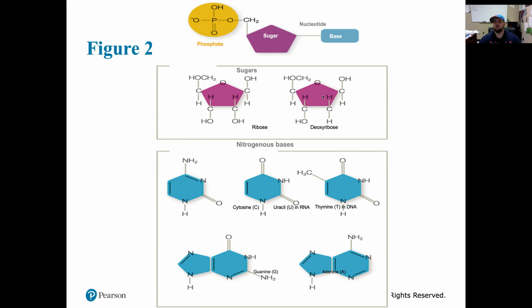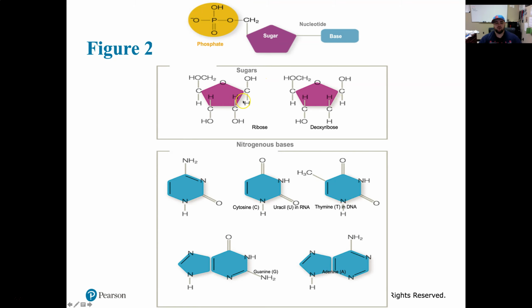And that's what we call the 2' carbon. We count carbons clockwise. So here's 1, 2, 3, 4. 1, 2, 3, 4. And I can tell just by looking at the 2' carbon, the second carbon, whether it is DNA or RNA.